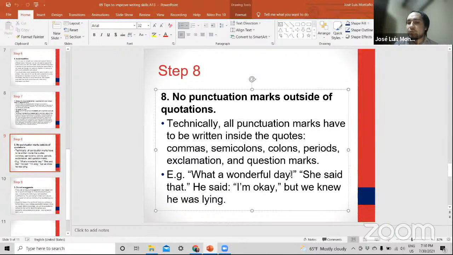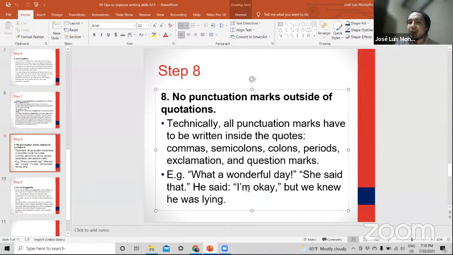"What a wonderful day!" Exclamation mark inside the quotes. "She said that." That's actually the quote, right? So the period inside the quotes.